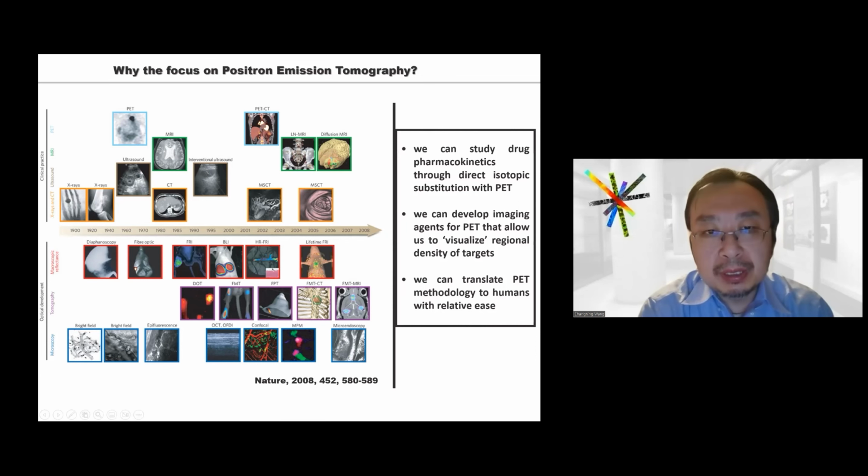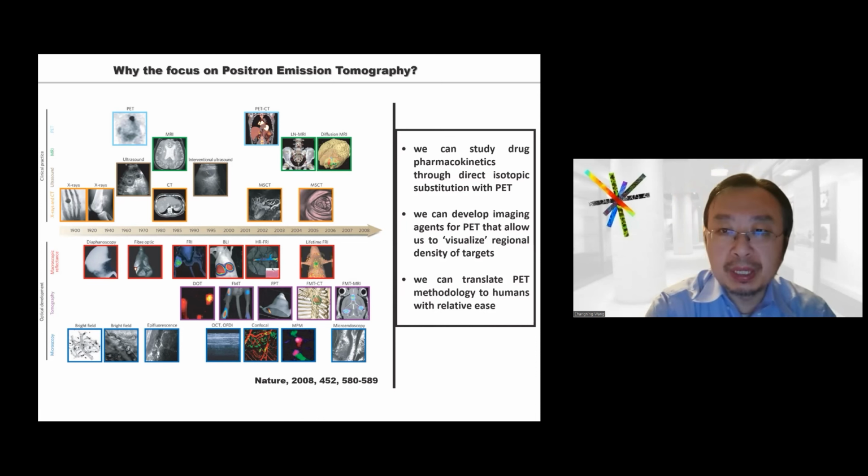There are advantages to each imaging technique. For PET, we can do many things. For example, we can study drug PK by direct radiolabeling of molecules, either small molecules, peptides or proteins. Next, we can develop new imaging probes to see the target of interest in living subjects, either in animals or humans.